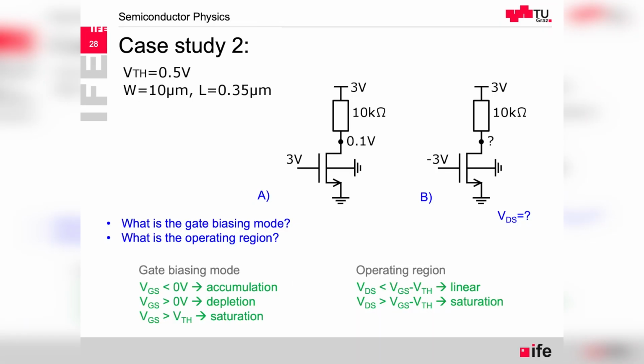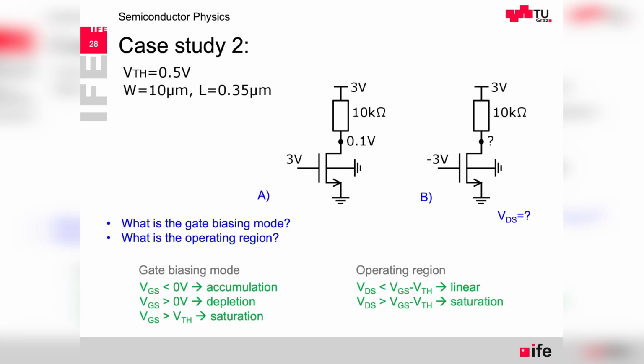Second example. Here what is different is we look again at the gate biasing mode and the operating region. In this case, we have a different transistor. I should not put here the width and length because it might be confusing. We have just adjusted the resistor value and the transistor parameters so that we see here 0.1 volts and 3 volts at the gate.